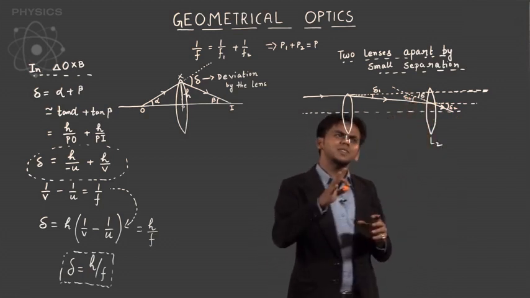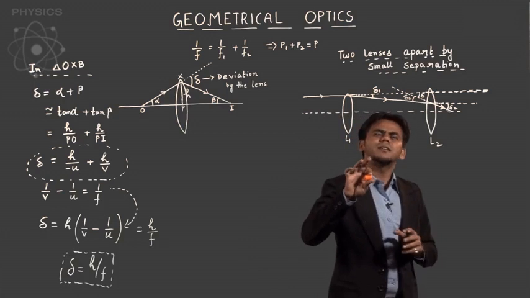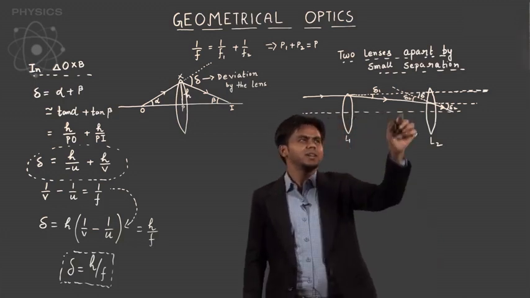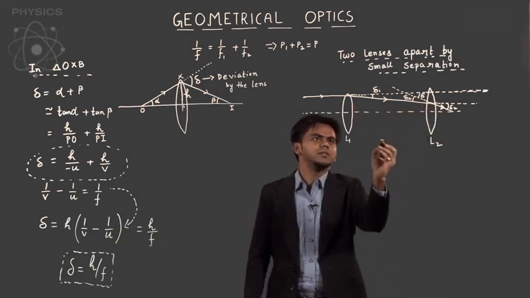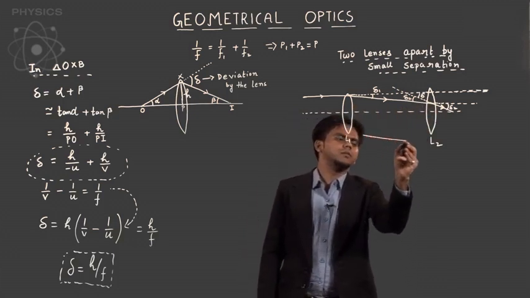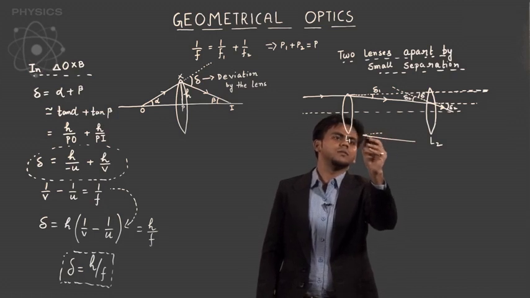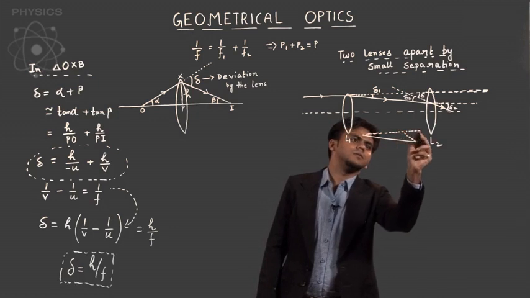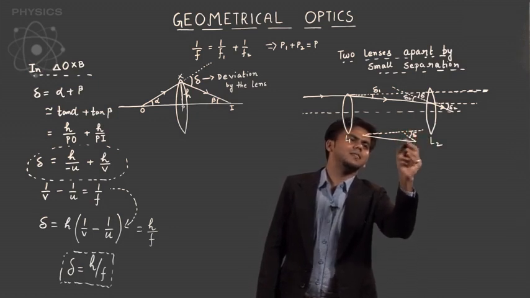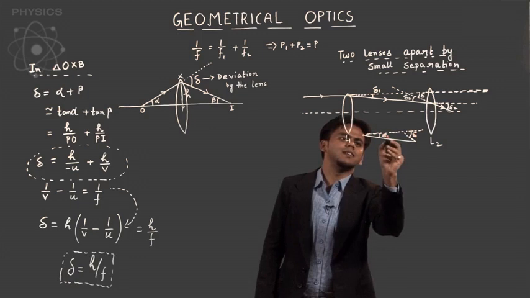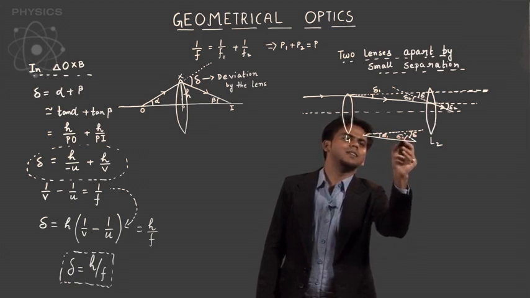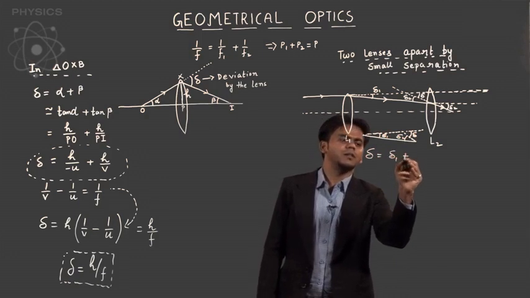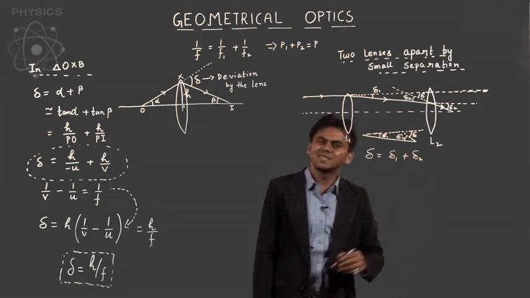Right? So if you note this thing down, you'll understand that delta can be found out in terms of delta 1 and delta 2. Why? If I redraw this triangle, let's redraw it for you. This guy is delta, this guy is delta 1, and this guy is delta 2. So obviously, delta is equal to delta 1 plus delta 2.